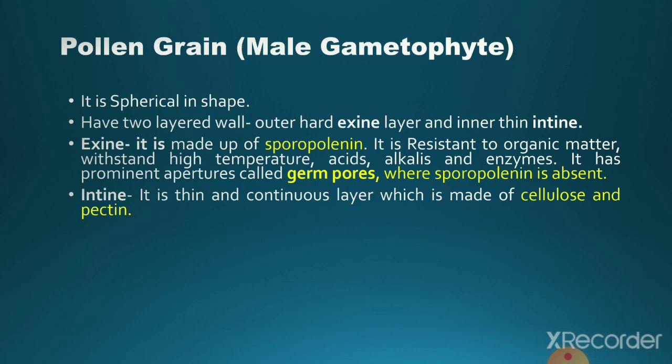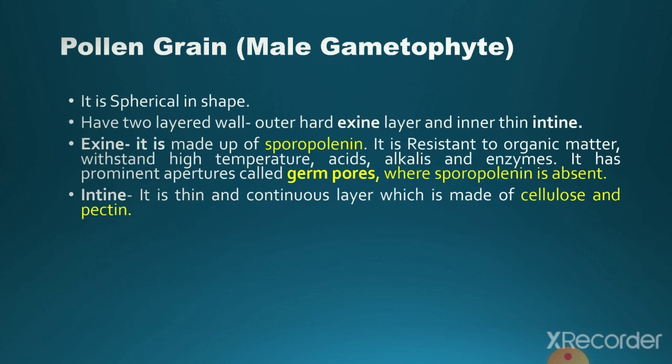The exine has a prominent aperture called the germ pore, where sporopollenin is absent. Now, what is the significance of this germ pore? From here, pollen tube formation takes place so as to release male gametes from the pollen grains.